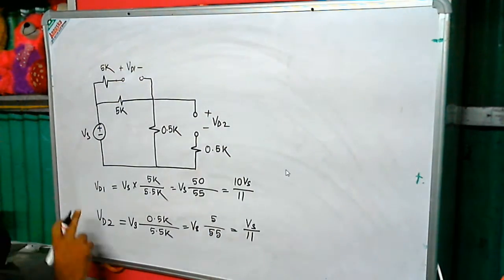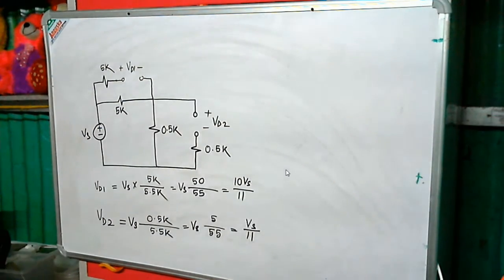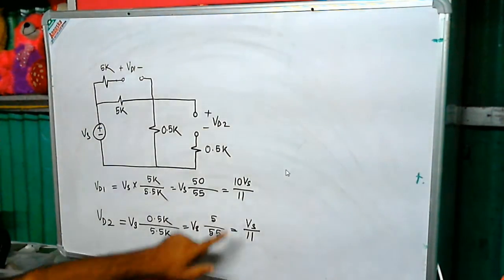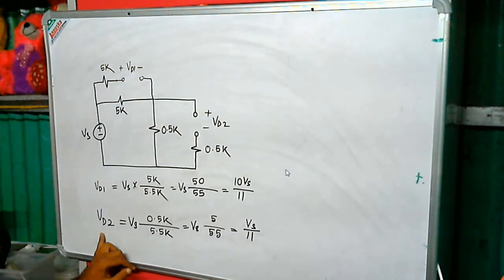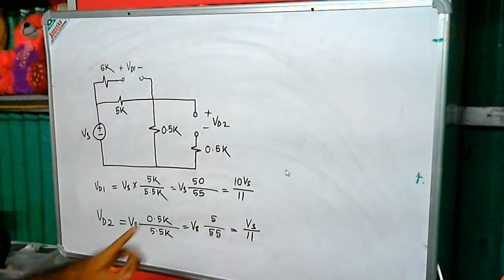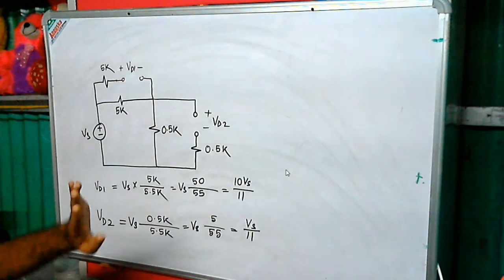So this is VD1 and VD2. You can see that the value of VD1 is much greater than the value of VD2, 10 times. So diode D1 will be on first.